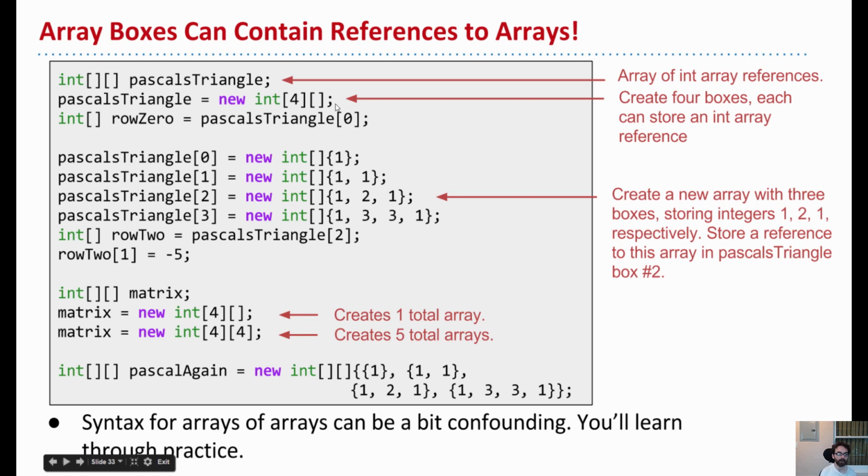So this is 1 box, 4 boxes. Down here, if we look at this line, just to pick out what it does in total, it first creates an array which has 3 boxes. It puts the numbers 1, 2, and 1 in them, and then it assigns the address to this box. As I said before, this one makes 1 total array. This is 5 arrays. So these are just some highlights of terminology that maybe are not that interesting to listen to me say, but you can convince yourself of the truth of these statements.